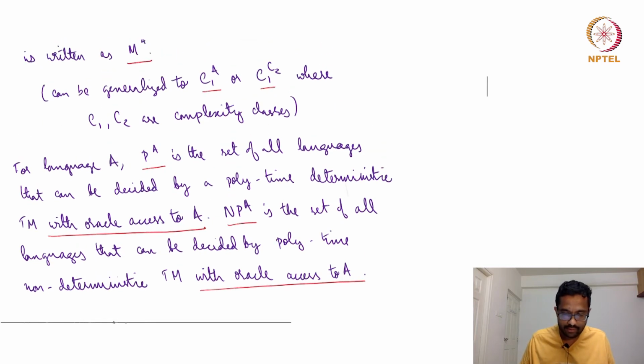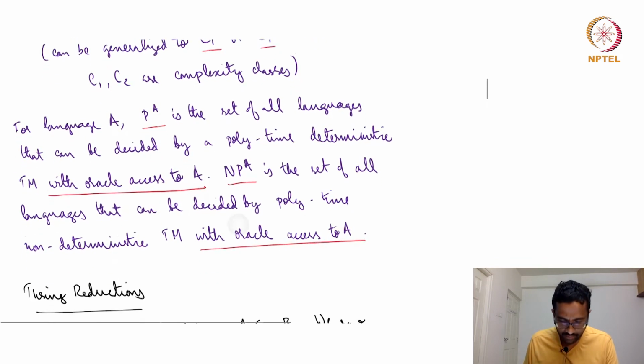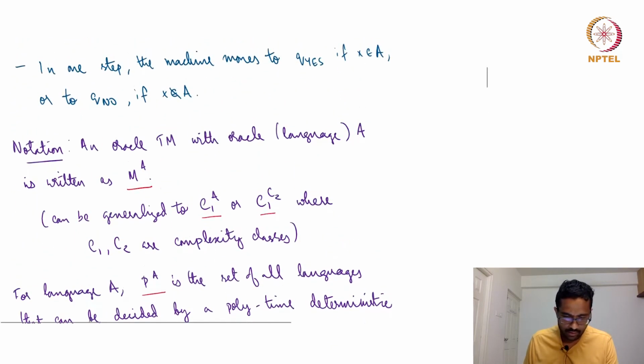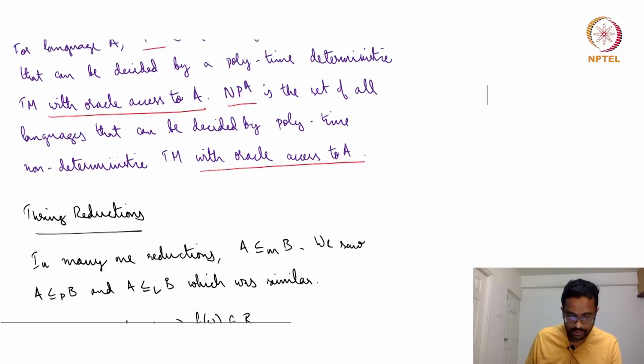So this is what a complexity class superscript A means. It is the same machines that form part of that complexity class, but with access to an oracle A. C1 superscript C2 we will not define now, just to avoid making too many definitions, right? Okay, this is the notation.